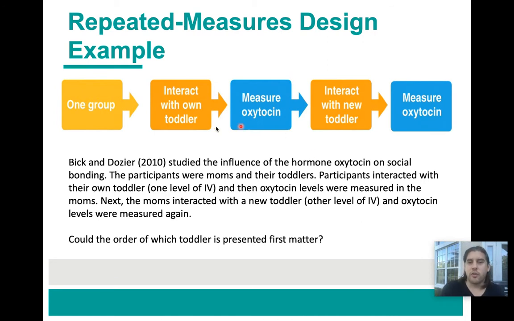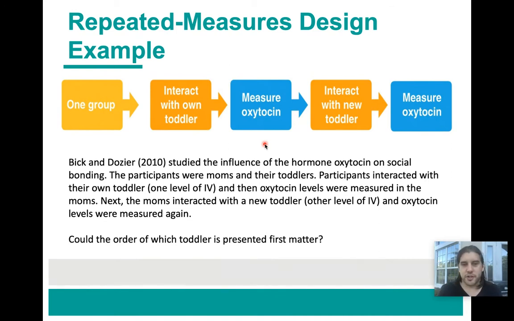So we know that the substance oxytocin, right, is produced by your brain and your body, and it's a feel-good substance, right? When you get oxytocin, it does things like reduce pain, and causes sort of positive feelings. And so it's thought that maybe interacting with a child causes the release of oxytocin so that the adult feels good, feels positive, and will thus interact with the child again, right? And continue to caretake for the child.